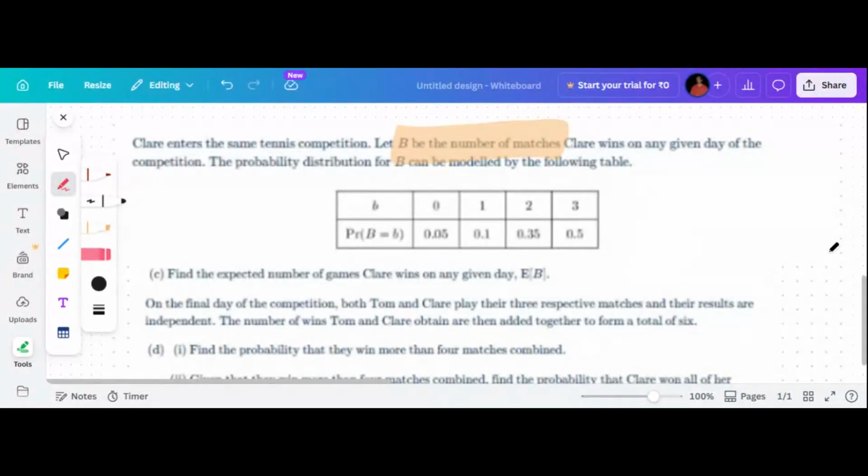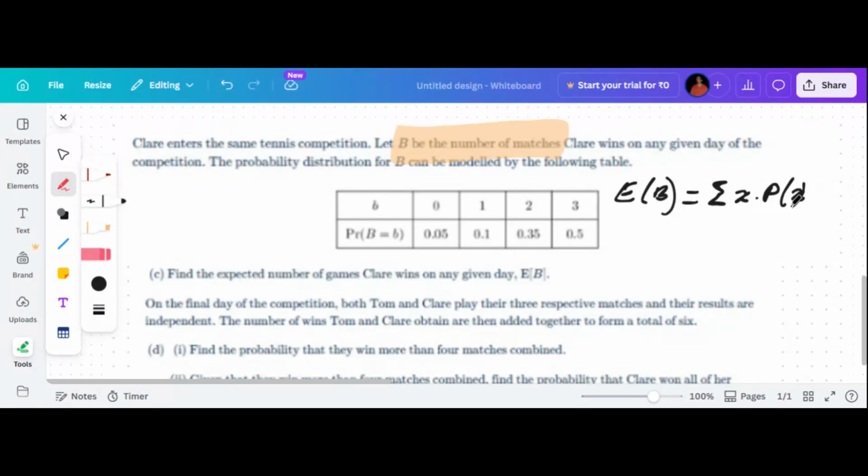Okay. Expected number. Now the expected value of B will be sigma x into P of x.